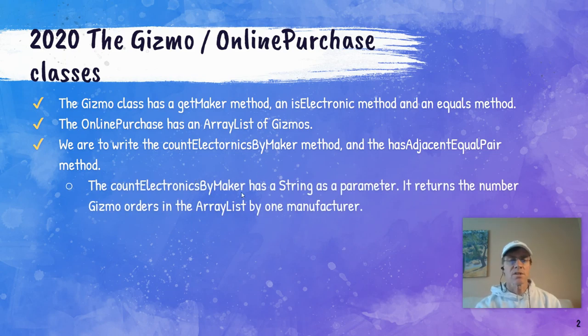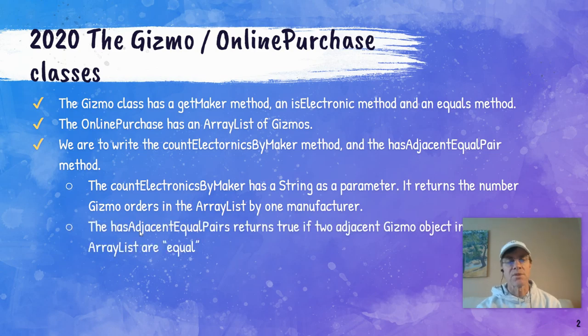The count electronics by maker has a string parameter, and our job is to count the number of gizmo orders from that manufacturer that are also electronic. As I said, with has adjacent pairs, we're looking at consecutive pairs to make sure that they're not both the same.